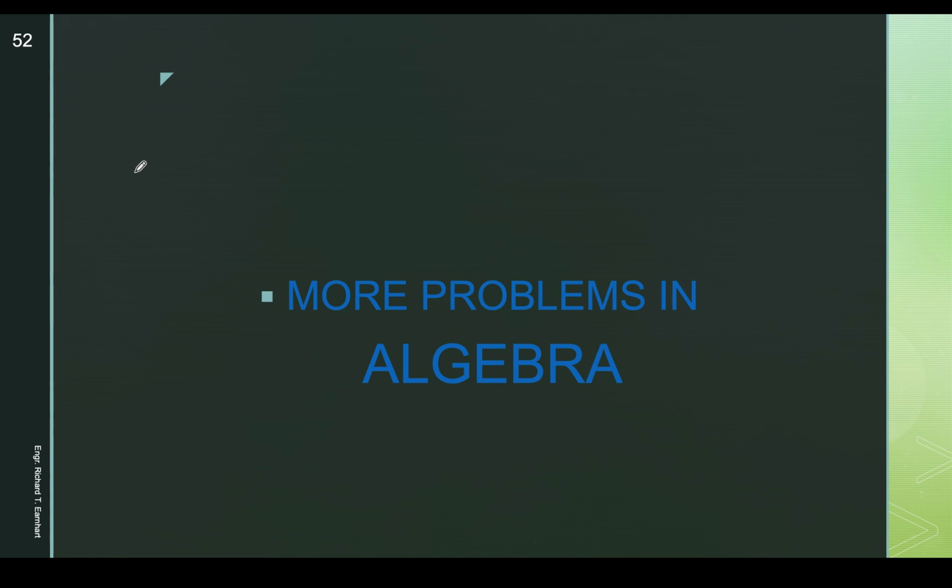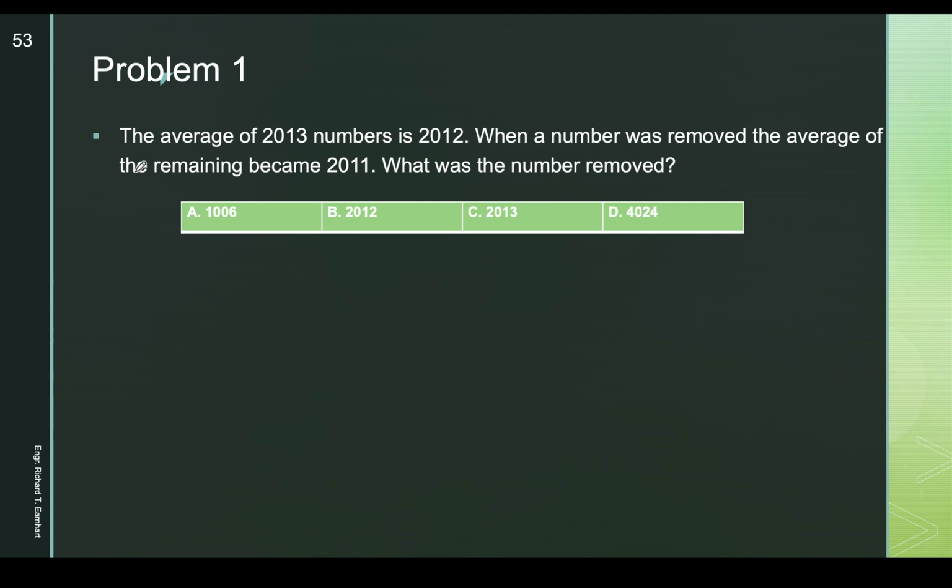Okay, so let's have more problems in algebra. The average of 2013 numbers is 2012. When a number was removed, the average of the remaining became 2011. So what was the number removed?